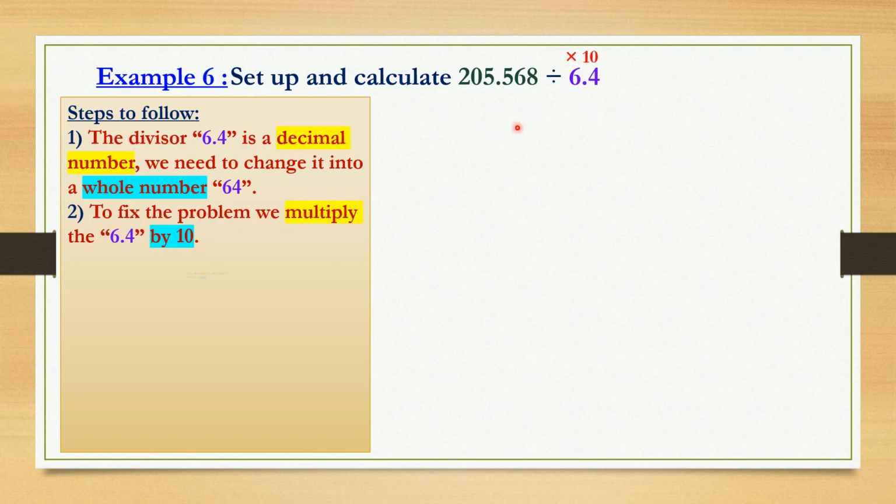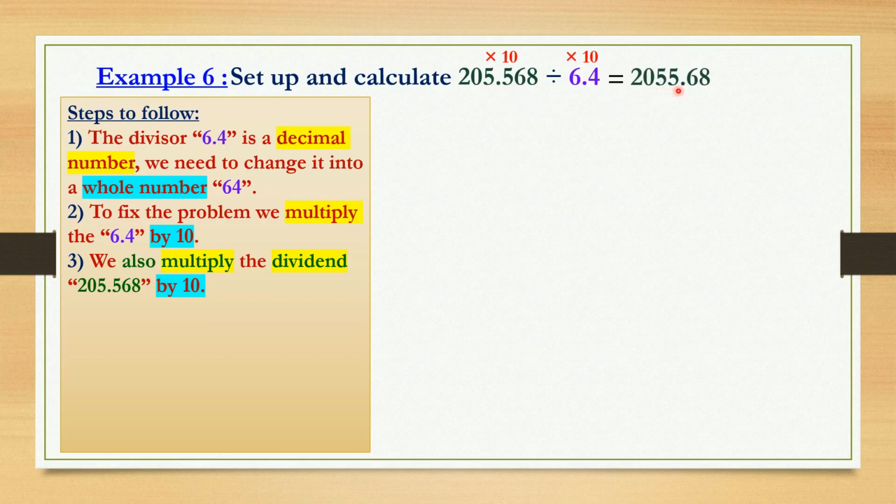And we do the same for the dividend. We also multiply 205.568 by 10. But here, if we multiply 205.568 by 10, we will still obtain a decimal number. We move the decimal point 1 time to the right. We obtain 2055.68 divided by 64.